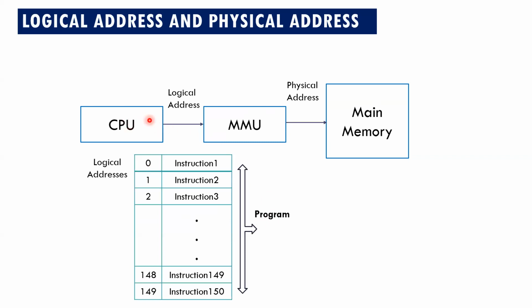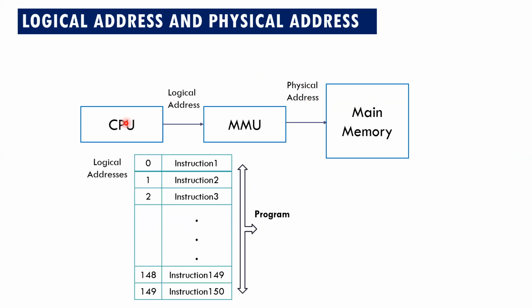The CPU generates the logical address, and whenever this program has to be executed, it has to be loaded into the main memory. Whenever it is loaded into the main memory, it occupies some address space, and the address space occupied by the program while executing in the main memory is called the physical address space.